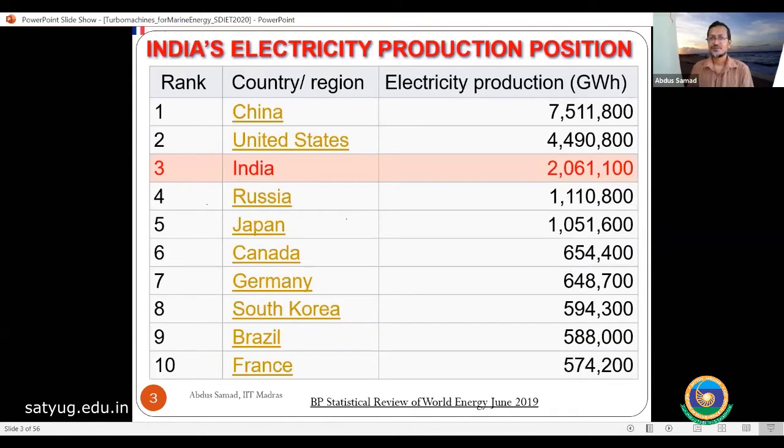Yeah, India's electricity production position, if you see, we are in third or fourth position actually. I got from a Google search, the BP Statistical Review, it is showing India is in third position in production, but we have limited resources, especially oil and gas. Oil and gas we are importing the maximum part.